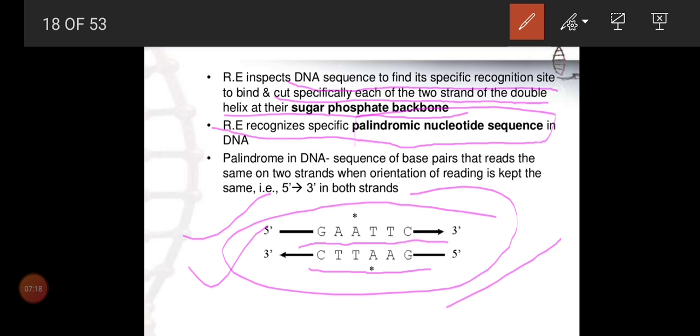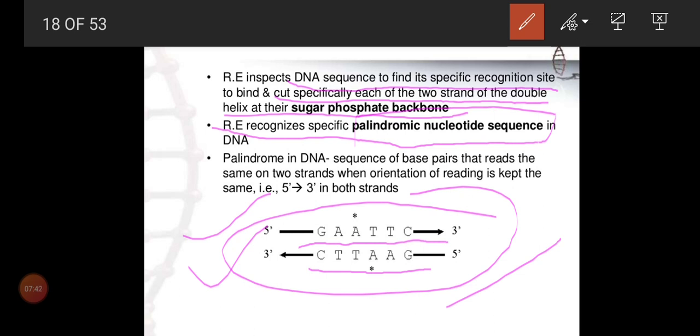It should have 5 dash to 3 dash and 3 dash to 5 dash in two strands, not a single line. So what do you mean by palindromic sequence? When we read the base pairs in both the strands in opposite directions, they are equal, meaning we can read the same base pairs. That is what we call a palindromic sequence.